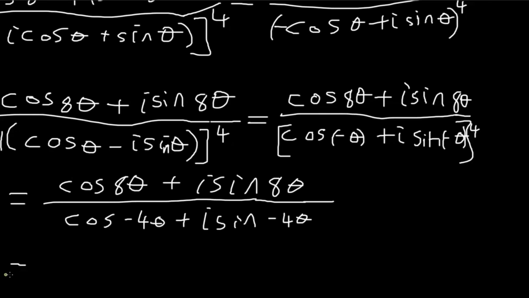So now at this point we can use our normal method of dividing complex numbers, since the operation there is the same, and all these are aligned in the same way.